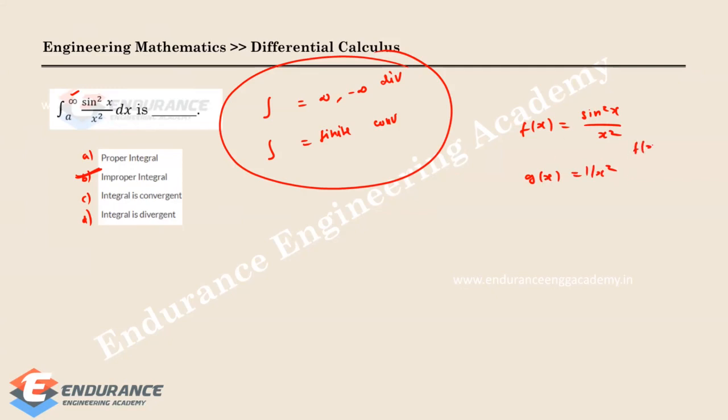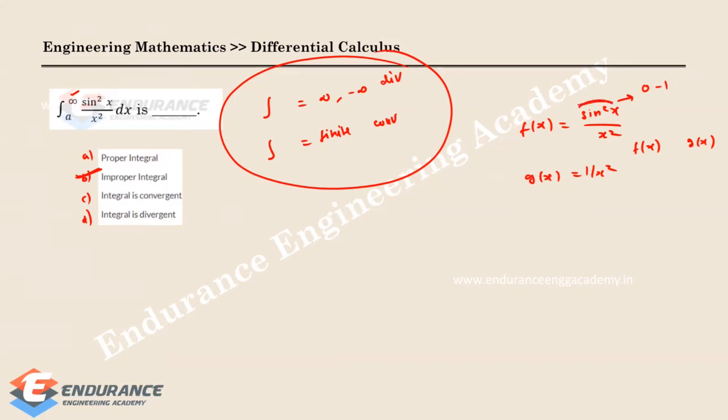And first of all, what is the comparison? Which one will be greater, f of x or g of x? See, the sine value can lie between 0 and 1 only. Sine square, so obviously there is no negative possibility. So it can lie between 0 and 1 only. If it is 1, then f of x and g of x will be the same.